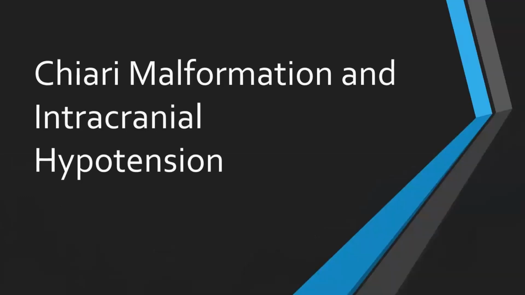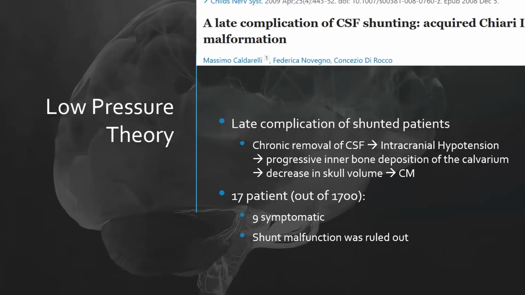Now, the next thing I'm going to briefly talk about is Chiari malformation and intracranial hypotension. So this is another theory in terms of the etiology of Chiari malformation. This is a paper back in 2009 that describes acquired Chiari malformation as a late complication of CSF shunting.